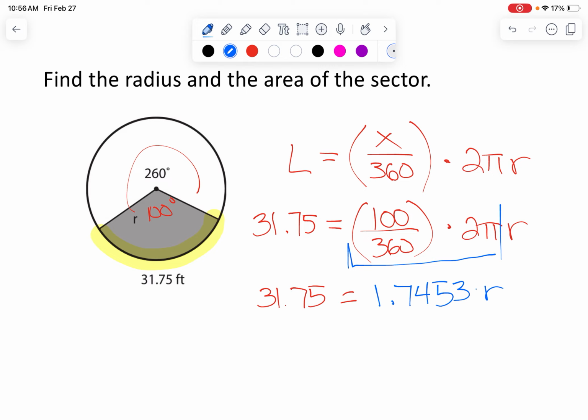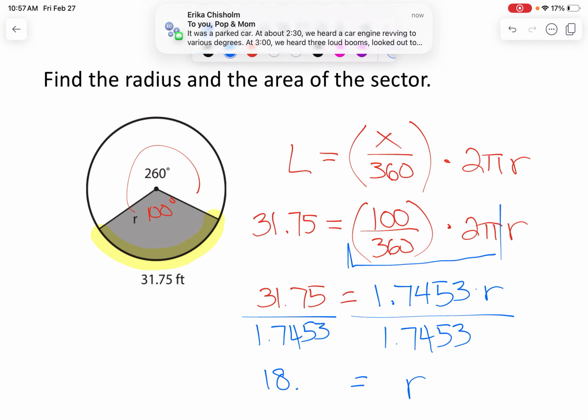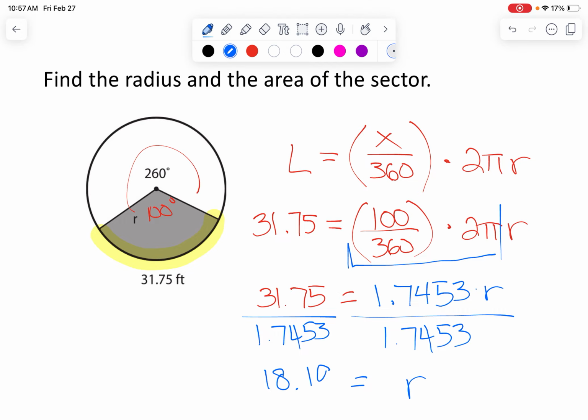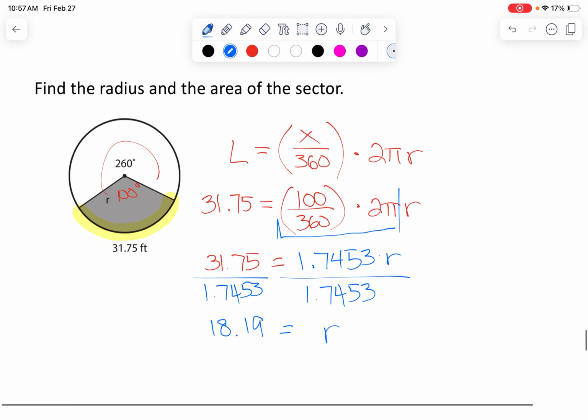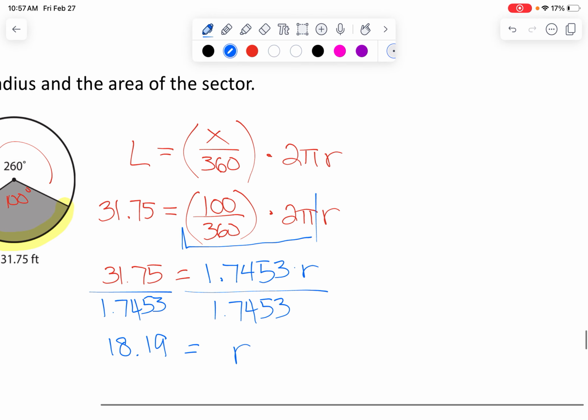So now if I divide to solve for r, I say 31.75 divided by 1.7453. I get 18.19. So now if that is my radius, I can find the area of the sector by plugging that in and going from there.